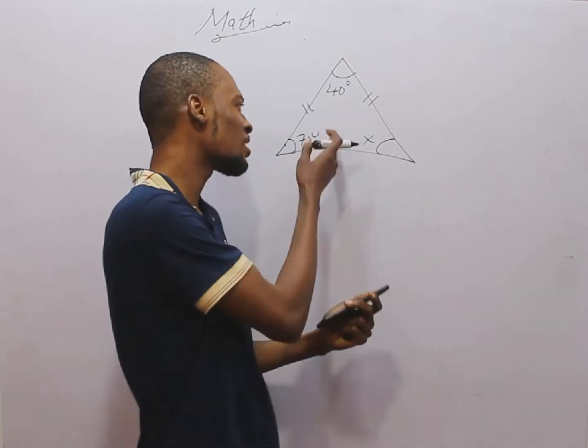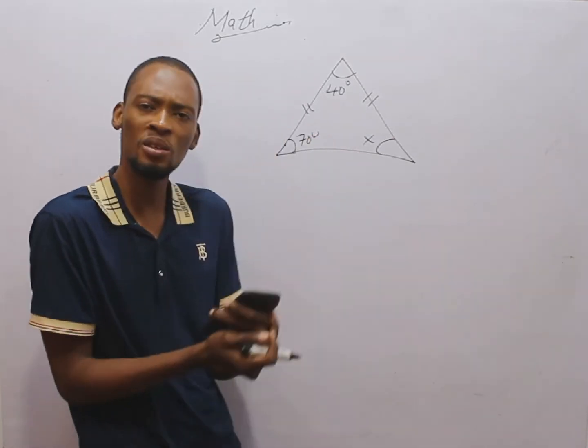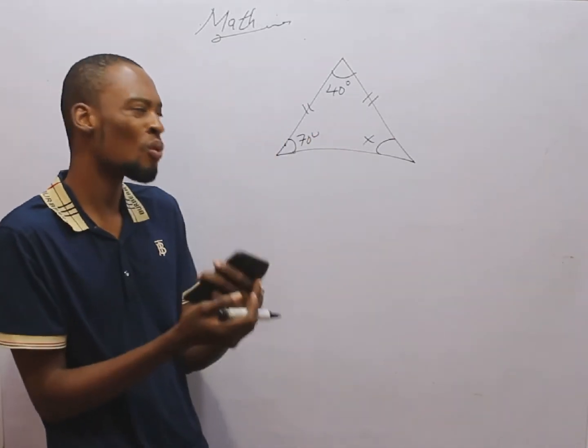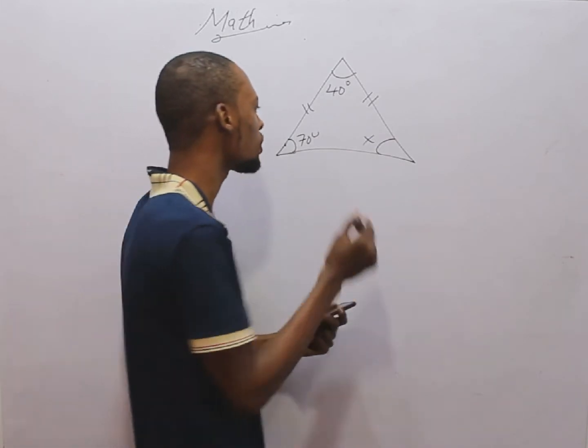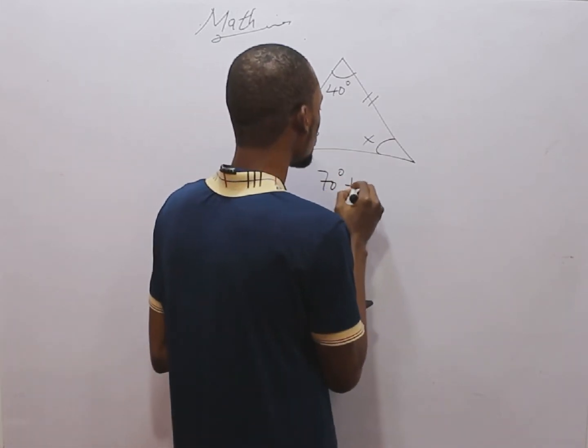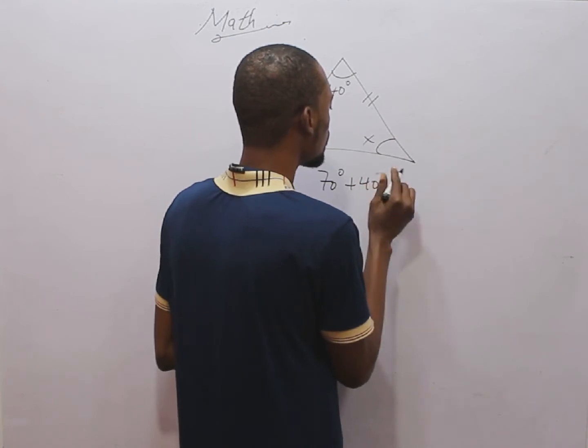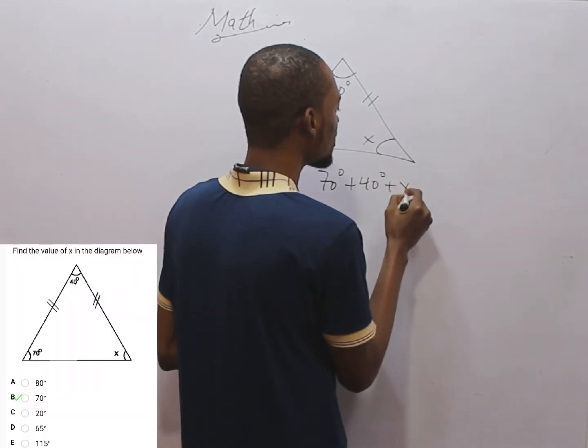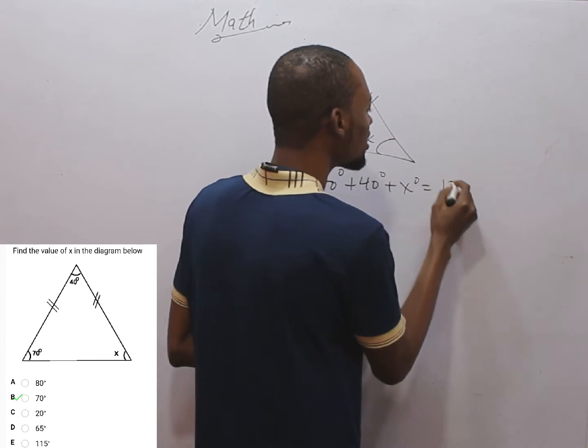There's another way you can answer this question. The sum of angles in a triangle equals 180 degrees, which means 70 degrees plus 40 degrees plus S degrees equals 180 degrees.